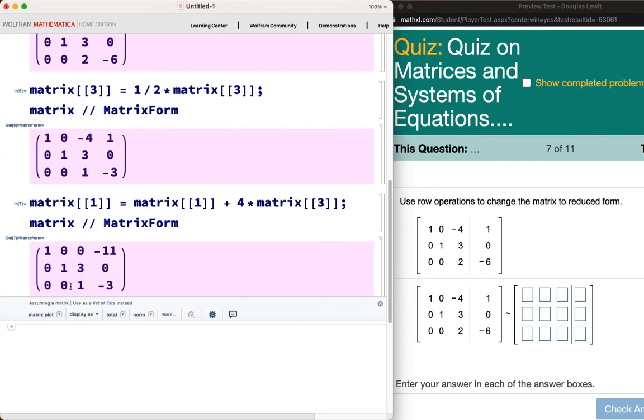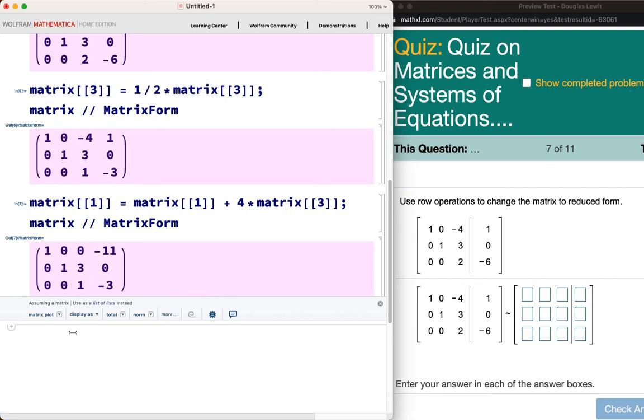Okay, that's simple. And then finally, that little 3 has to get changed into 0. So how do you do it? You're going to take row 2 minus 3 times row 3. You're always going to refer back to the row that contains that magical 1.